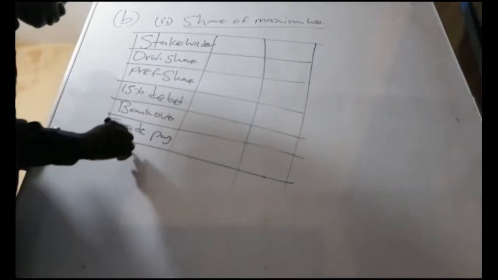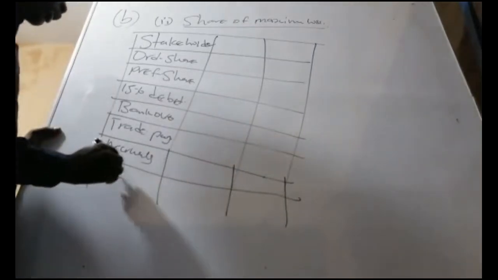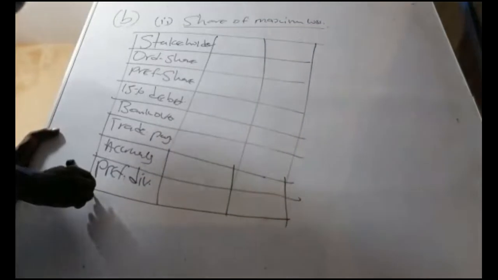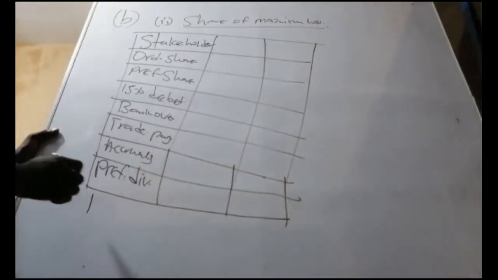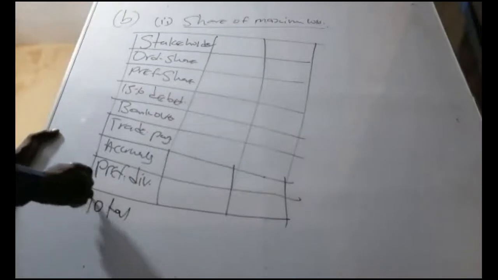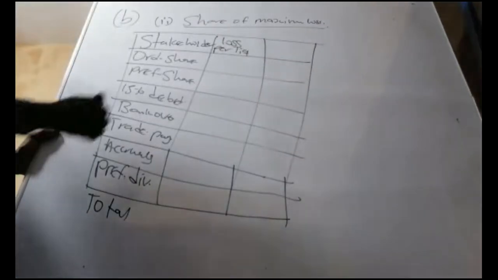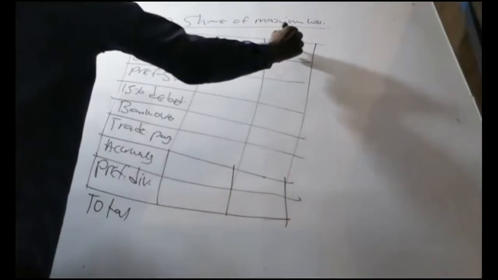Accruals. Preference dividend in arrears. Good. And then the total. Here is the loss per liquidation, and here we've calculated it. Good. Share of maximum loss.